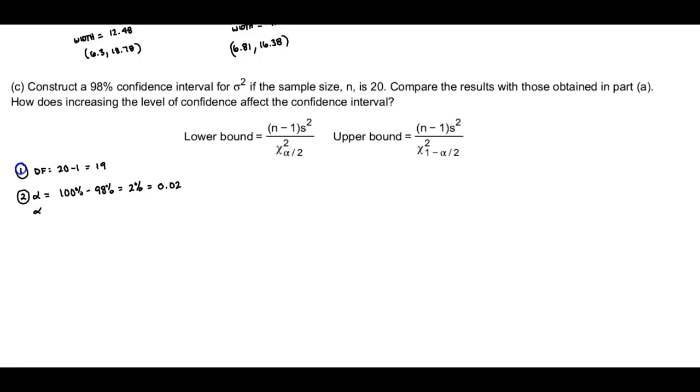Therefore, if we take alpha and divide it by 2, 0.02 divided by 2 gives us 0.01. So the first critical value that we want to find is the chi-square with an area to the right of 0.01, knowing that our degrees of freedom is 19.